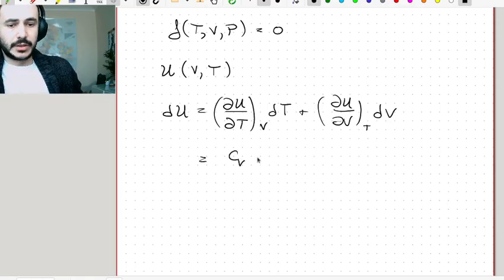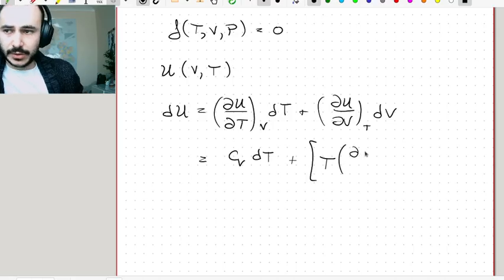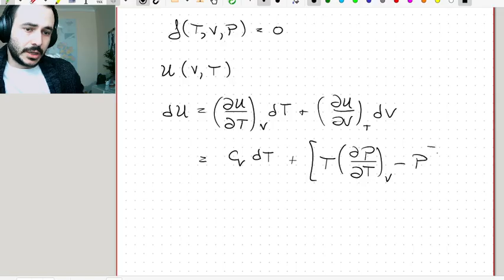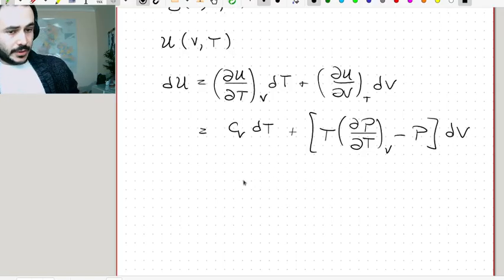This is just the heat capacity at constant volume times dT, and this derivative over here we have already made the example in the previous video of this lecture, that this reduces to the thermal pressure coefficient, which is this derivative here, multiplied by temperature, and here is minus p dV. Okay, and we simply integrate this. The only thing we need to get out of the equation of state is this derivative.